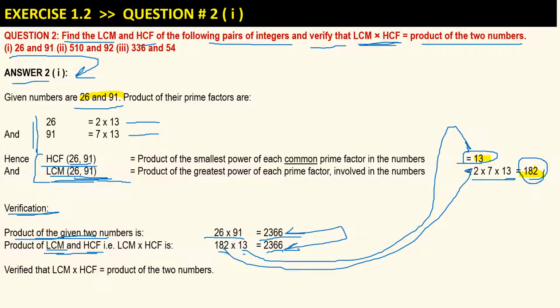So what it says is that the product of the given two numbers, which is 2366, is equal to the product of the LCM and HCF, 2366. So hence we can say that we have verified that the LCM and HCF when multiplied give the product of the two numbers.